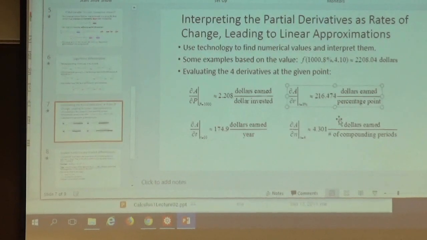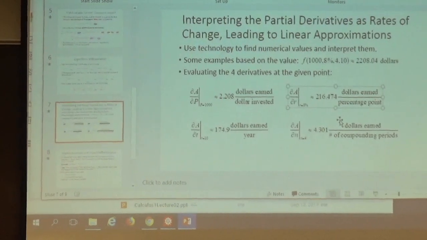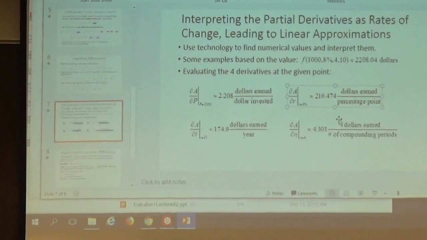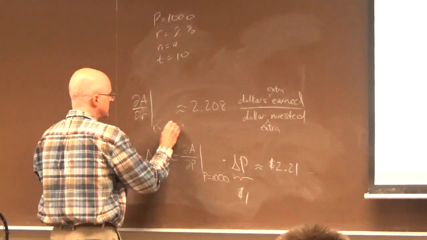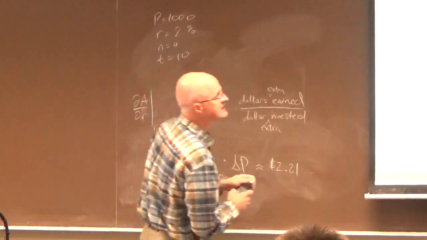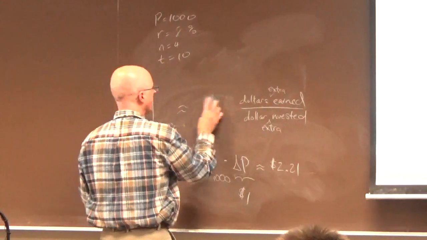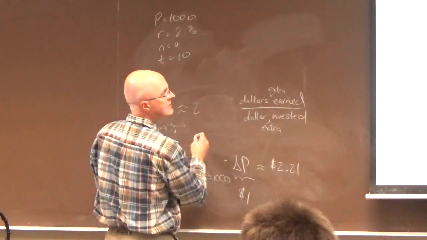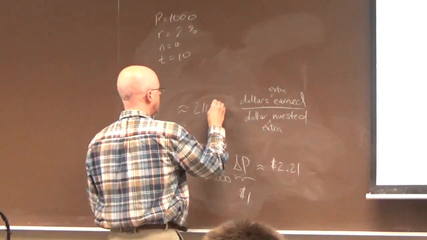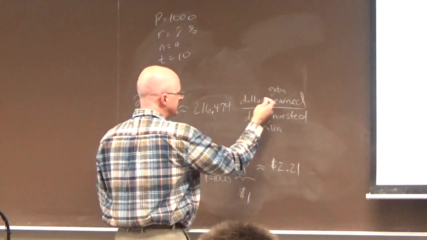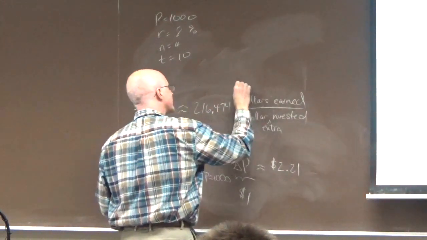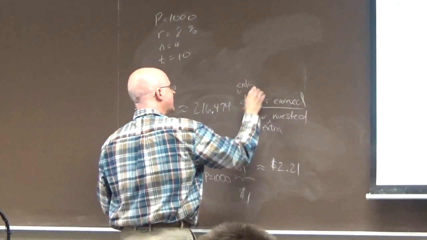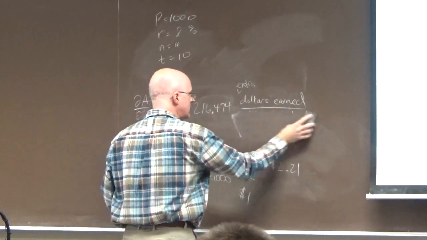This one here. The derivative of A with respect to R, you evaluated R equals 8%. That says it's approximately 216.474. Dollars extra earned, or extra dollars earned, maybe that's better, sorry, per unit of R. What are the units of R?